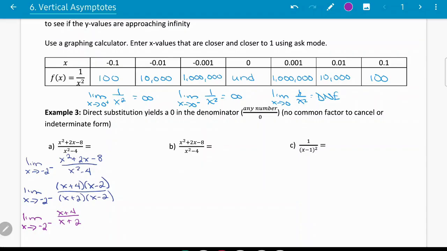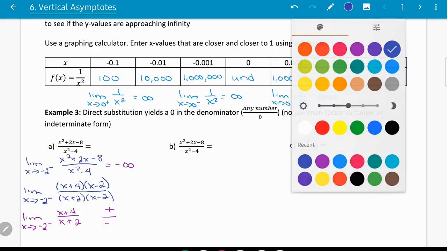And now when we plug in values of x close to negative 2, but less than that because we are coming in from the left side, so that would be things like negative 3, negative 2.9, negative 2.1, we can see that we're going to end up with a positive value in the numerator, but a negative value in the denominator. And so then this limit goes to negative infinity.